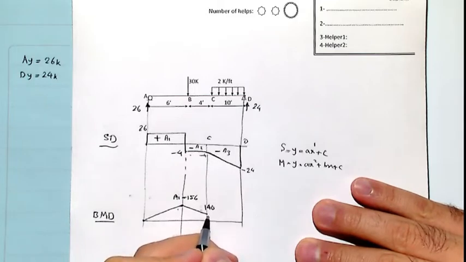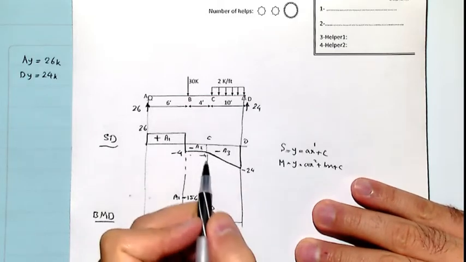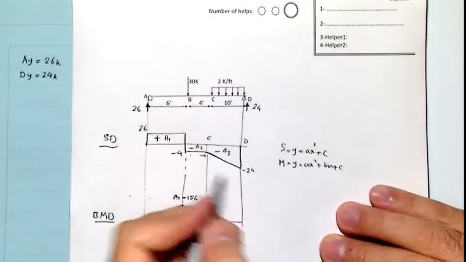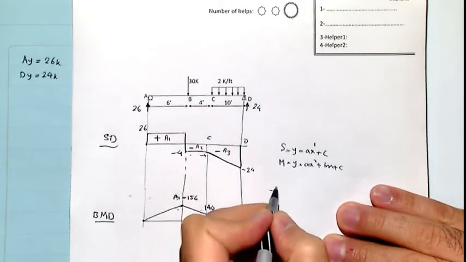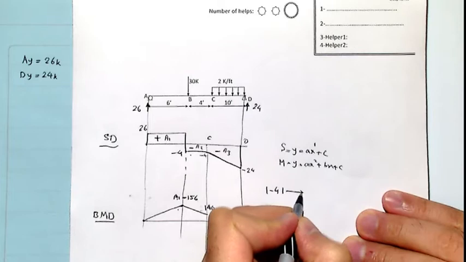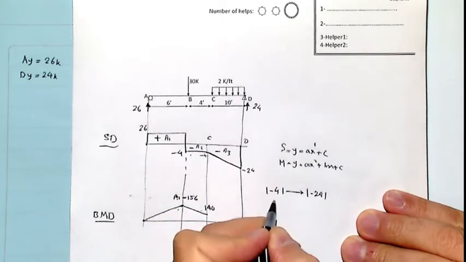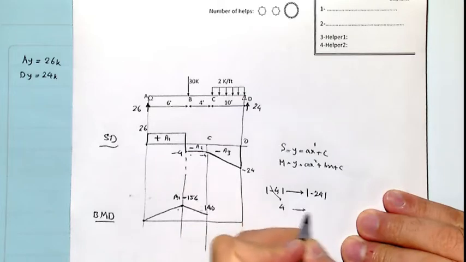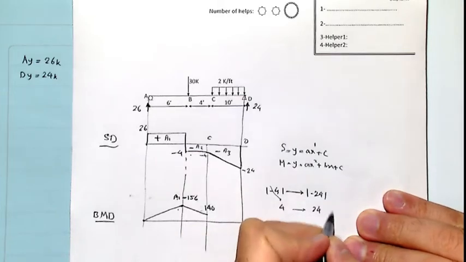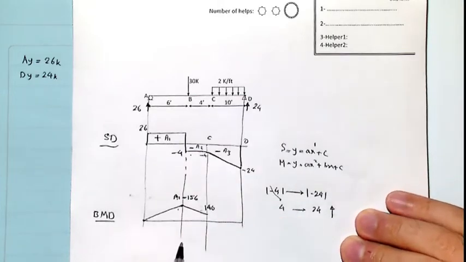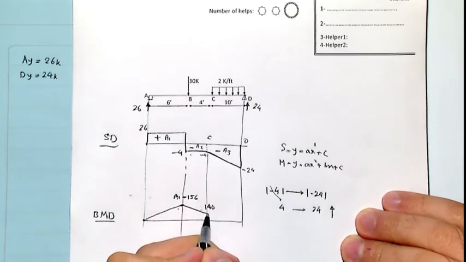Now we want to know whether it's incremental or decremental. We have to use the absolute value. The absolute value of -4 changes to the absolute value of -24, which means 4 goes to 24, so it's increasing. Because it's increasing, the curve should be like this.